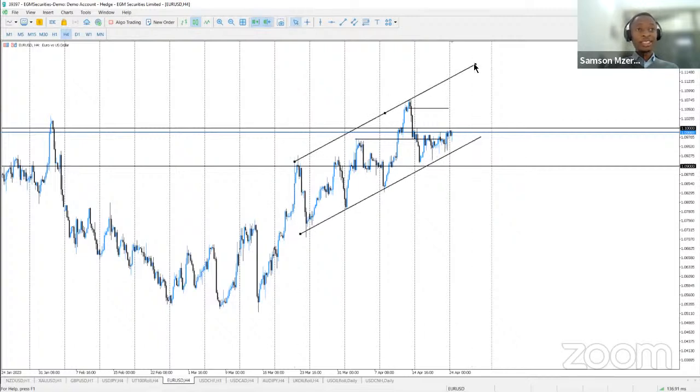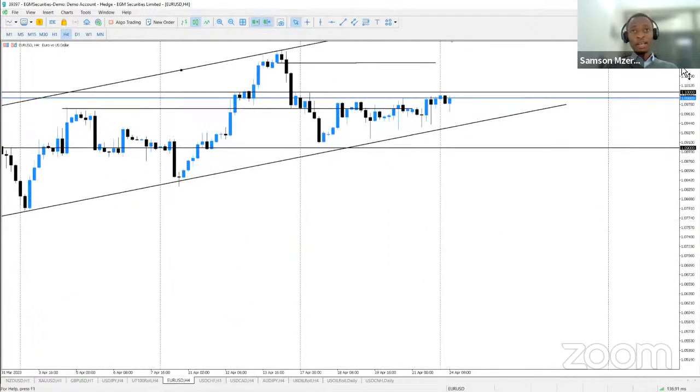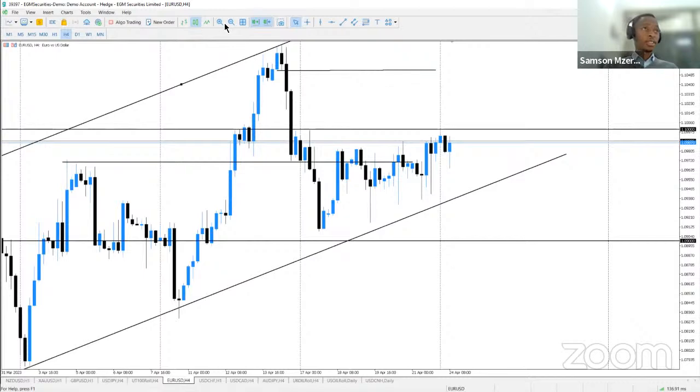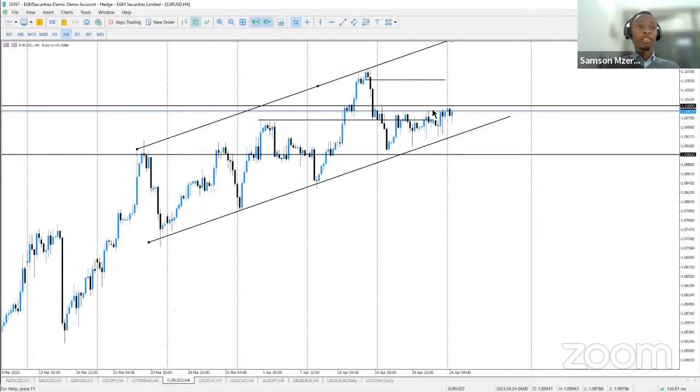Yeah, so in terms of technical analysis, we have a very optimal area to look for a buying opportunity. So we have a very good reason because we are trending in a channel. We have a very good reason to aim for this. However, the fundamentals are not with us as of yet. So we need to wait for stronger confirmation fundamentally.